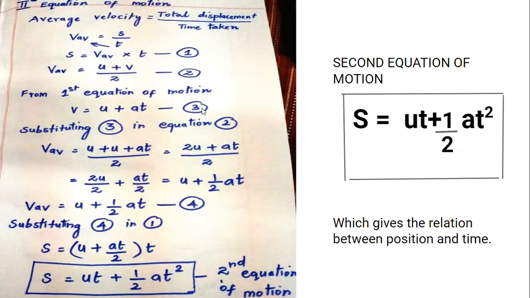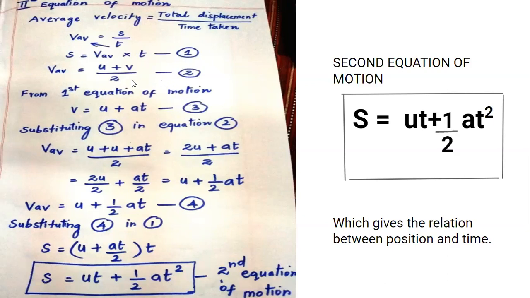Here in this second equation of motion derivation, we are using the first equation which we have studied now as the third one. Because here you can see that we are going to use it in the further derivation. So substituting that v is equal to u plus at in equation 2.